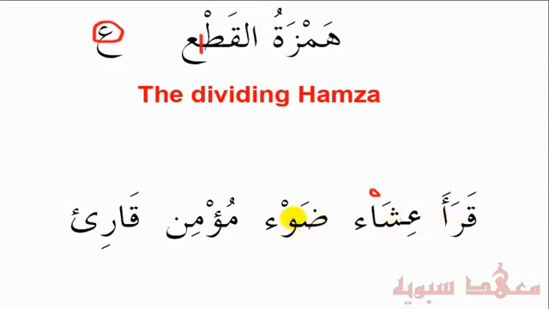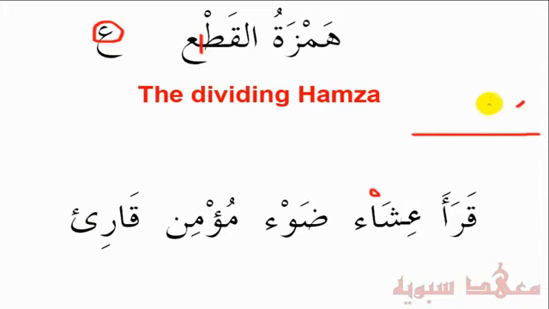Next we have the Hamza, and before the Hamza is a dhamma. Now when this happens, the Hamza gets a waw. So mu'min, a believer. And finally, qari', before it is the kasra, and therefore it gets a ya. So to sum up, if we have a fatha before, the hamza gets an alif.